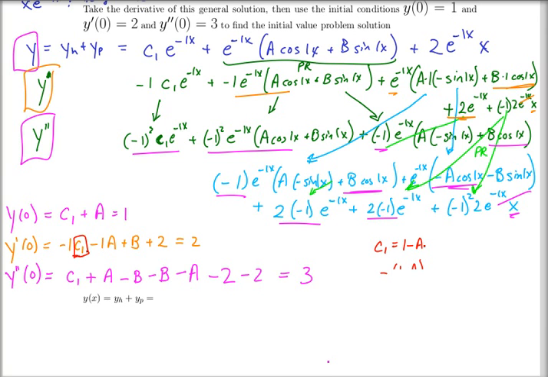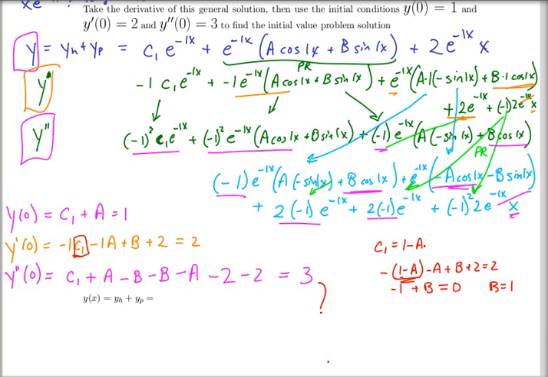So then we substitute the c1 to get this. Interestingly enough, this a cancels out here. We get a minus 1 plus b plus 2 equals 2. Subtract the 2 from both sides, and we've got a 0. So b is equal to 1.